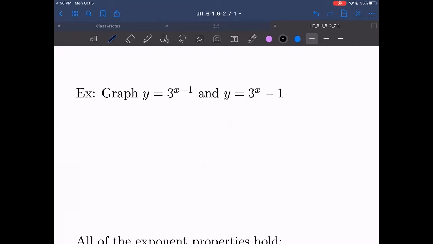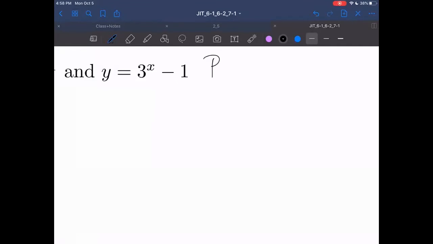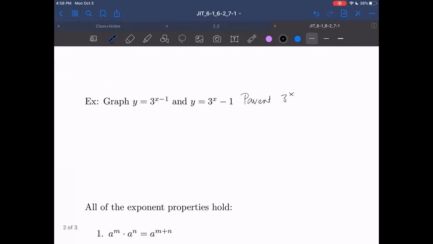Okay, our parent function is still 3 to the x. And so then we've got 3 to the x minus 1, which will be 3 to the x shifted right 1.